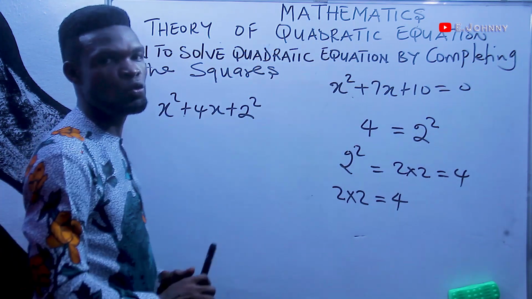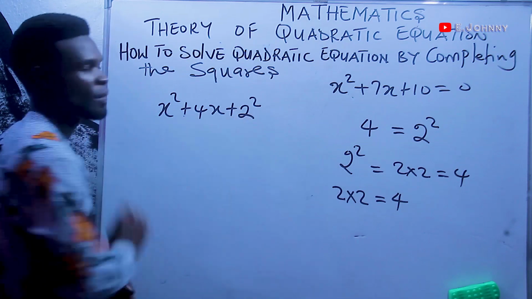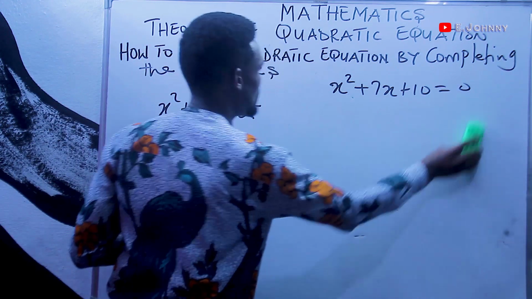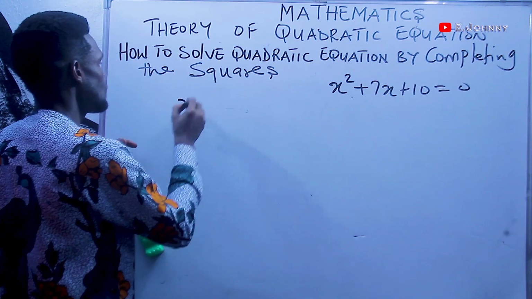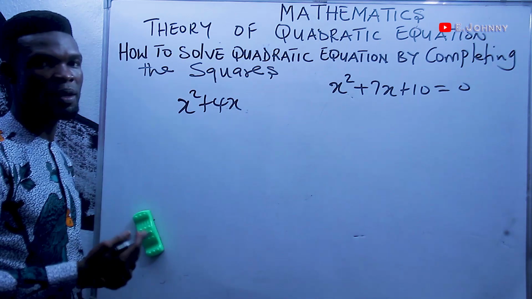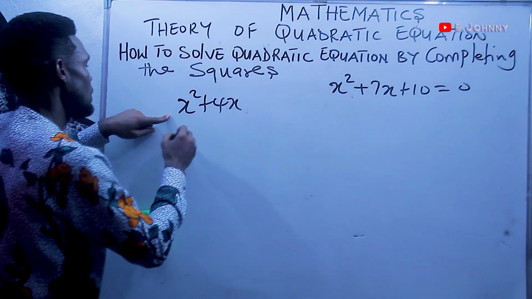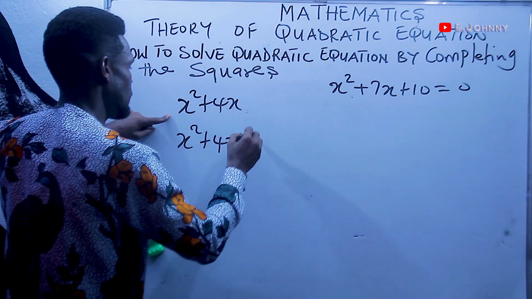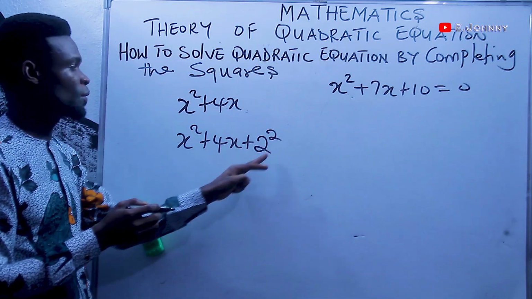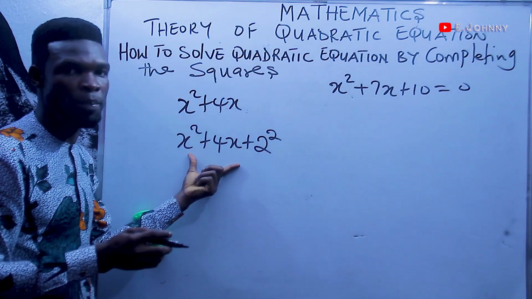If that is true, let's do something here. Remember, I gave you x squared plus 4x. What must be added to this to make it a perfect square? We said x squared plus 4x plus 2 raised to power 2, which is 4, makes it a perfect square.